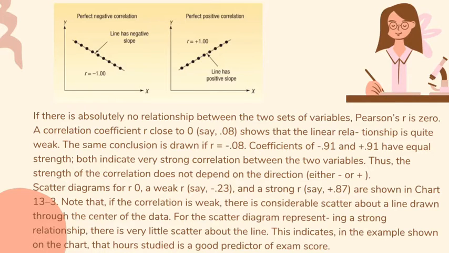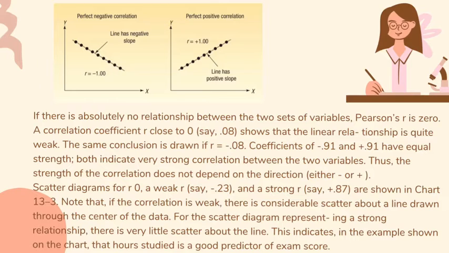Scatter diagrams for R0, a weak R, we can say negative 0.23, and a strong R, we can say positive 0.87 are shown in chart 13-3.